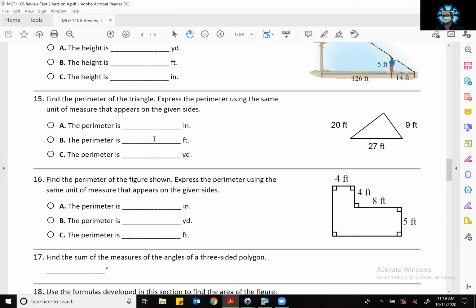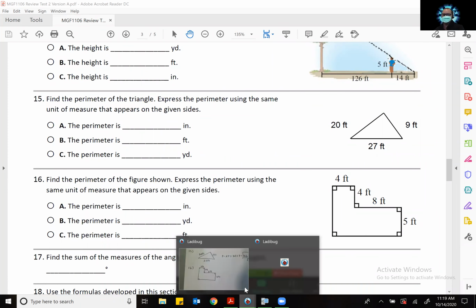Okay. Again, we're looking for perimeter. All this is measured in feet. Which label should we select over here? A, B, or C? C. C, yeah, because that's the one with feet.